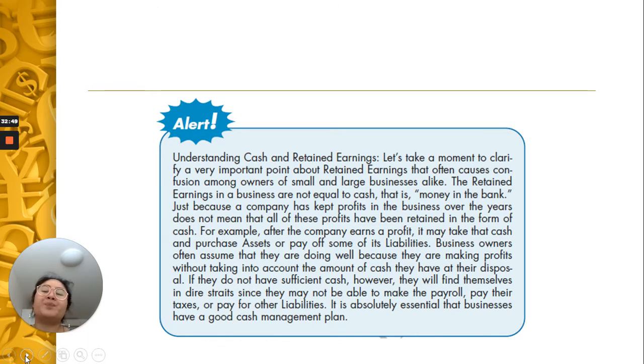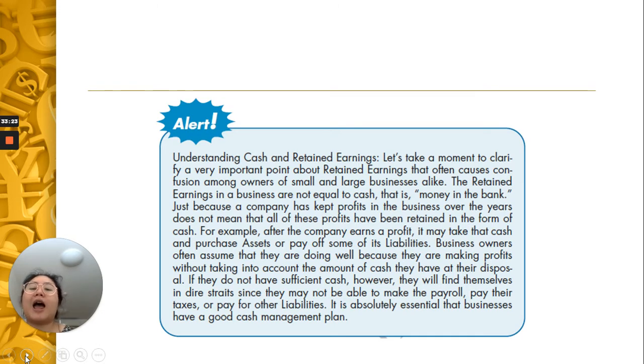For example, after the company earned a profit, it may take that cash and purchase an asset or pay off some of its liability. So the business owner will assume that they are doing well, that they are making profit, without taking into account the amount of cash they have at their disposal.